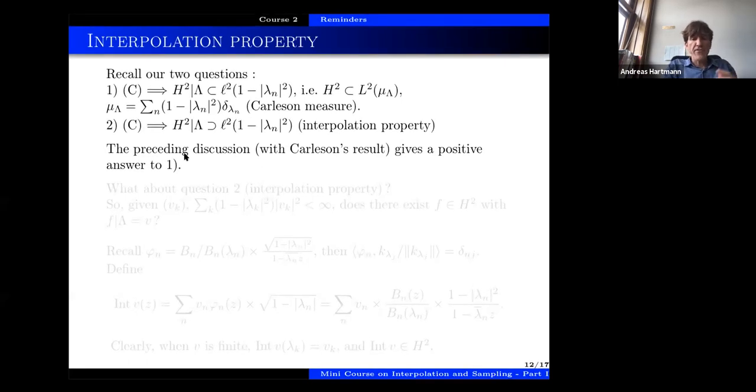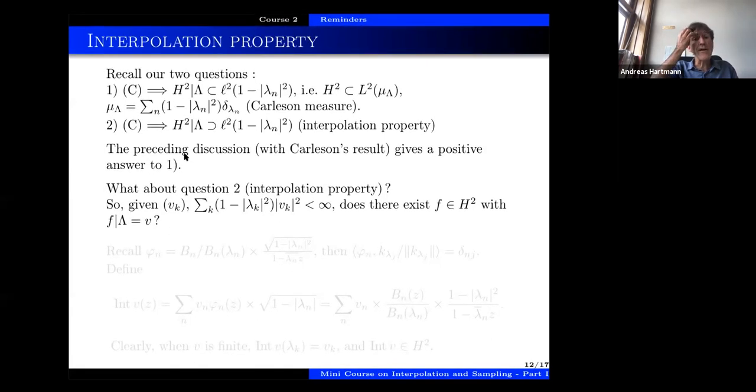As I just said, the preceding discussion gives a positive answer to the first question. So let's turn to the second question. Now I take a sequence V_k, which is in the sequence space, so it has to be summable with respect to this.